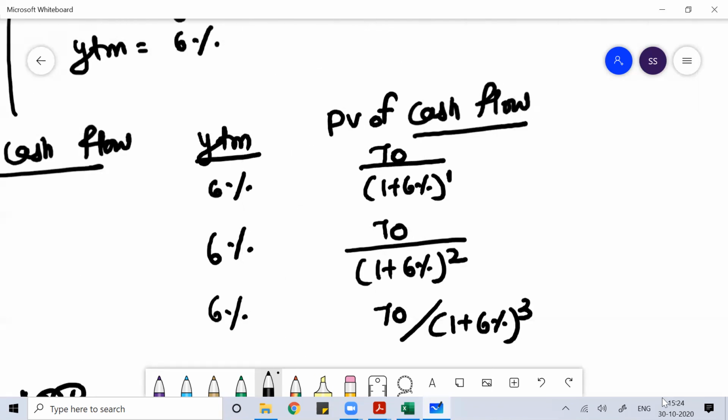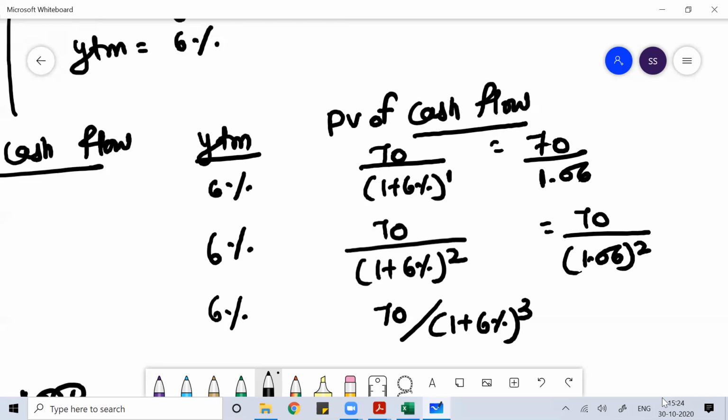So then this is 70 divided by 1.06. This is 70 divided by 1.06 square. Then this is 70 divided by 1.06 to the power 3.